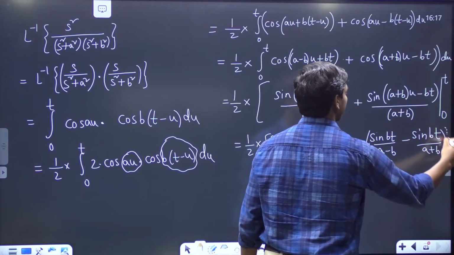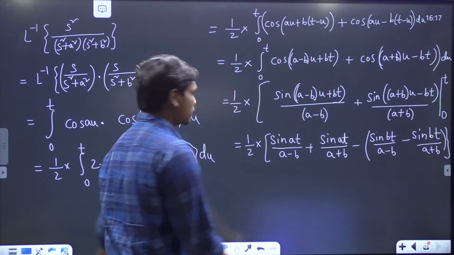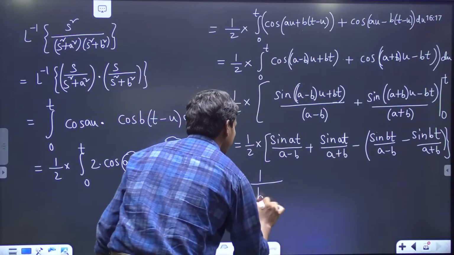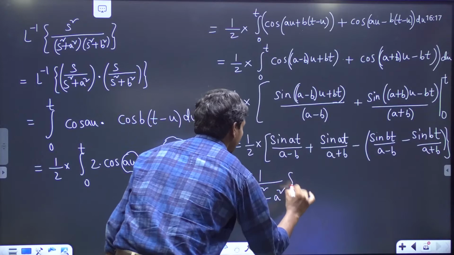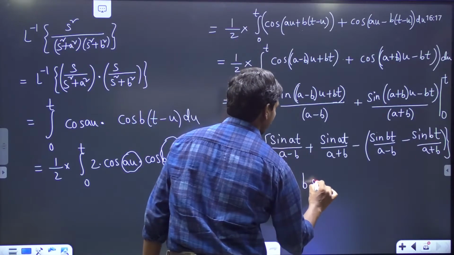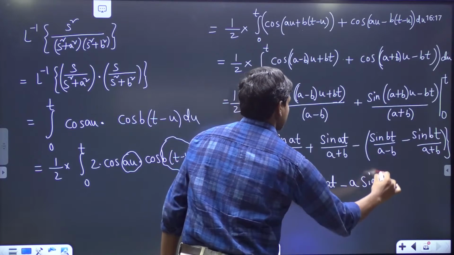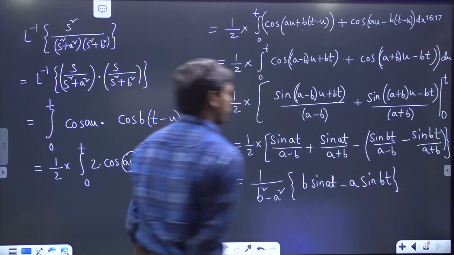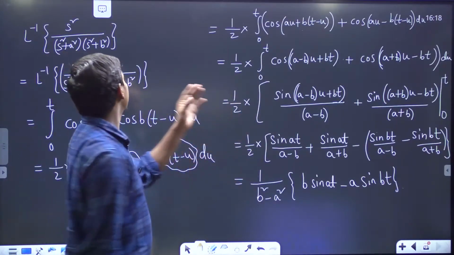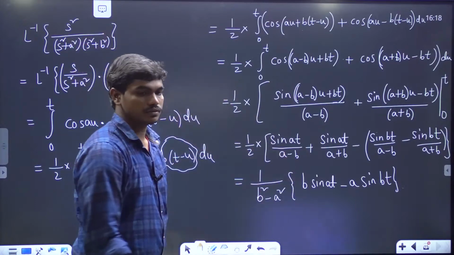Now you can simplify these things for the a − b and a + b coefficients. If I think I'm correct, I'll be getting 1 by (b² − a²) into (b sin at − a sin bt). This is what I'll be getting as a Laplace transform. The Laplace inverse of this function is this.